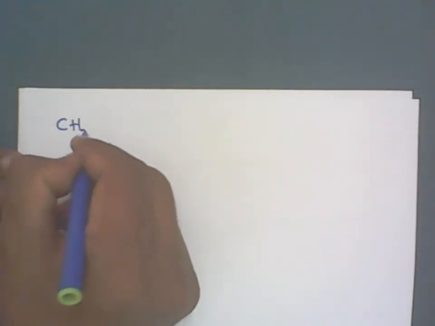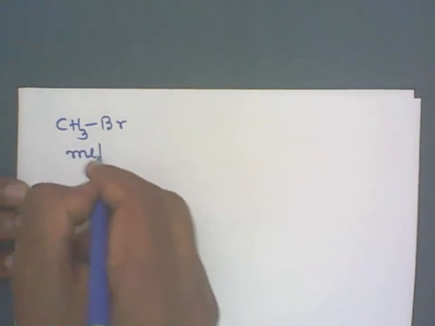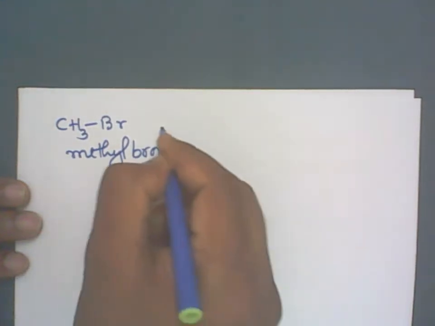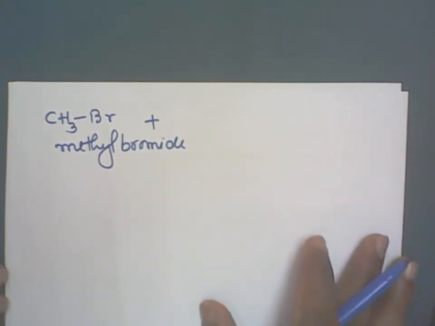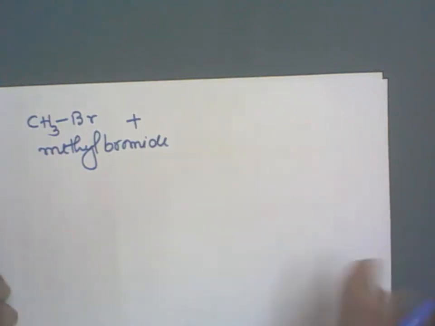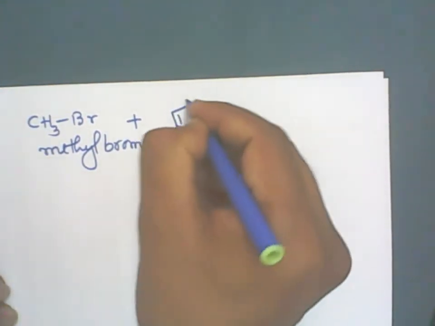So let me take the simplest alkyl halide, methyl bromide, CH3Br. Now I require an alkoxide. I require a benzene ring attached to O minus, called sodium phenoxide. You are aware of this one in the phenol chapter.